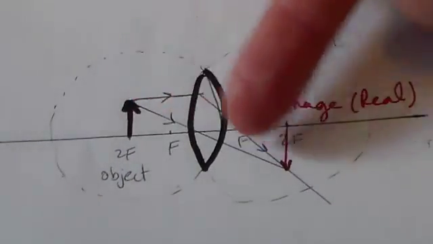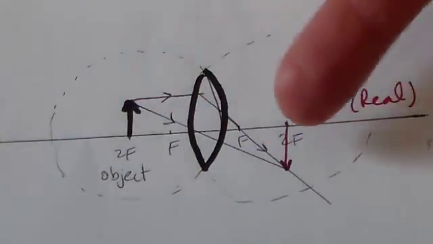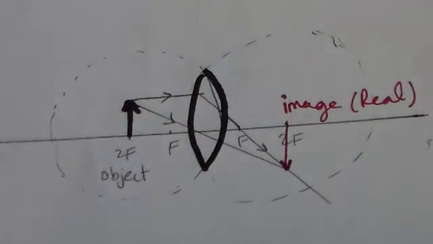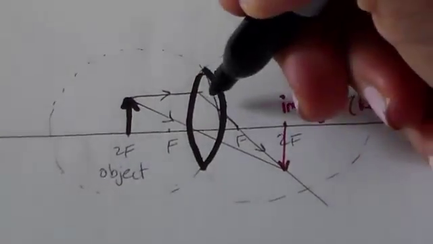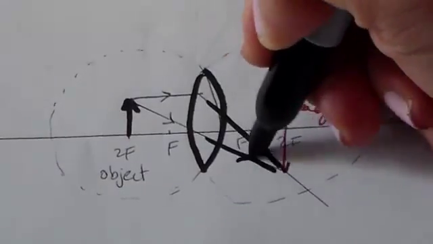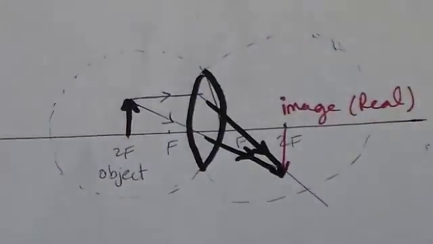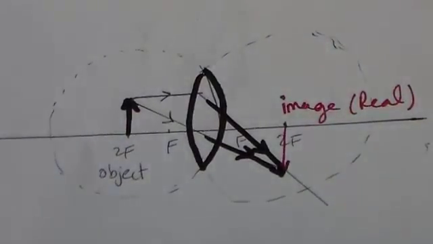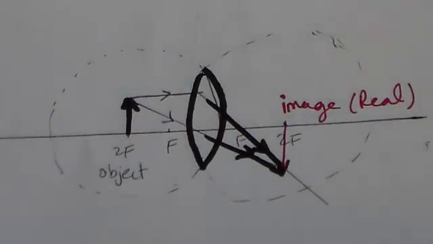And then this one passes through the center, so it basically passes without any deflections whatsoever. As you can see, the rays are not reflected here because it's a lens, not a mirror. A lens is a piece of glass, so nothing reflects off of it. The rays just pass through the piece of glass, which we call a lens.